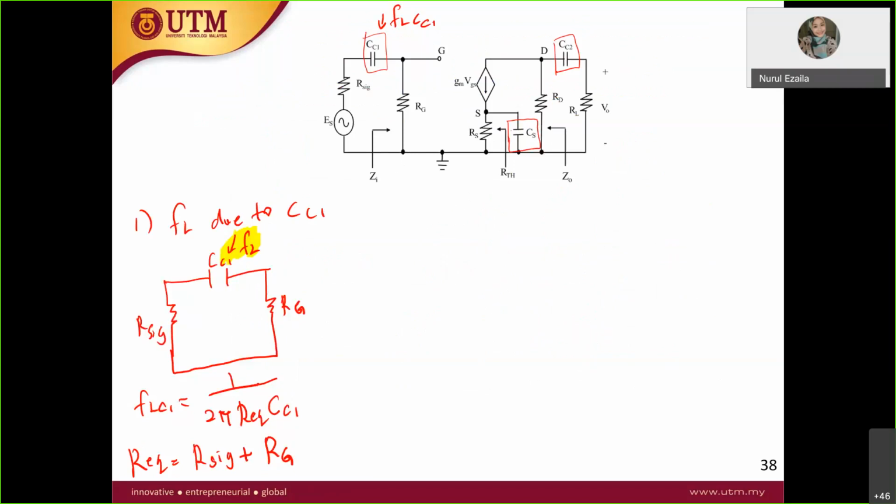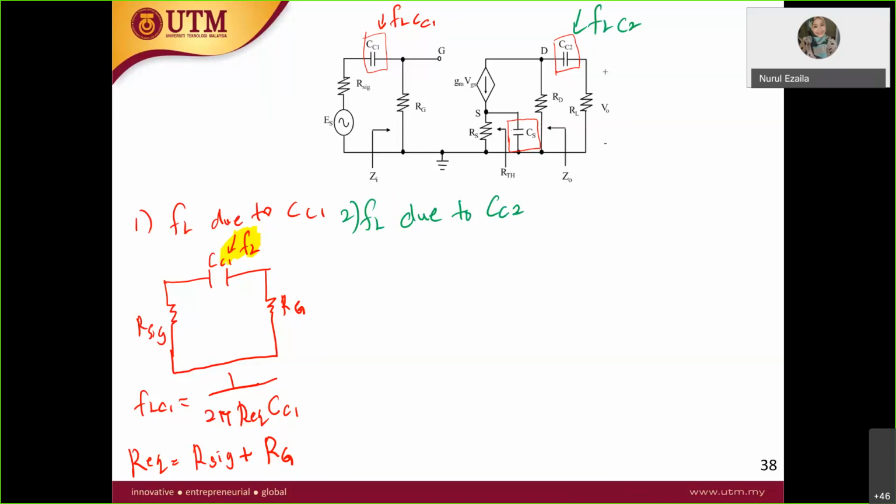Next is to find the FL due to C2 over here, FLC2.